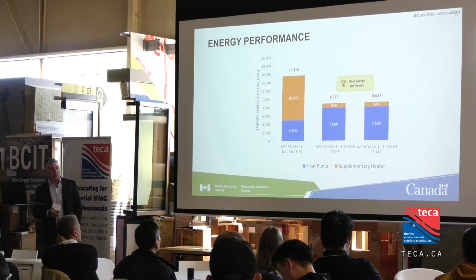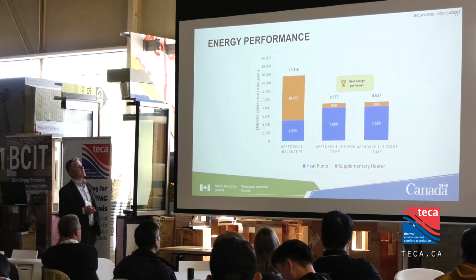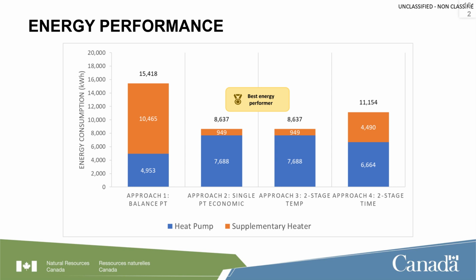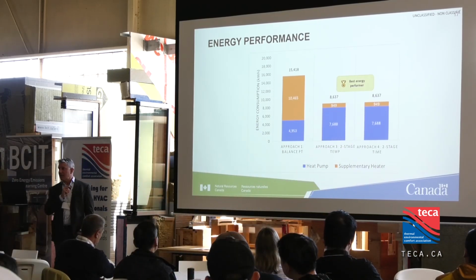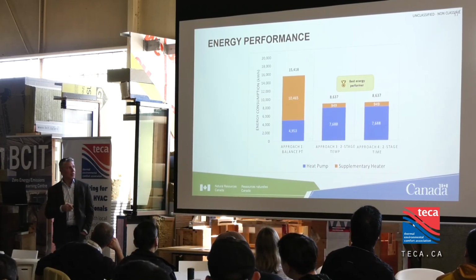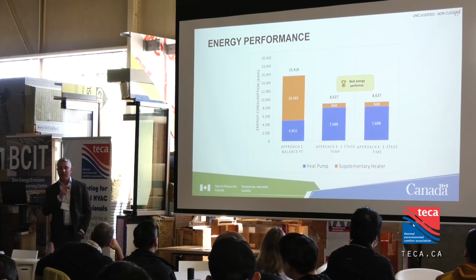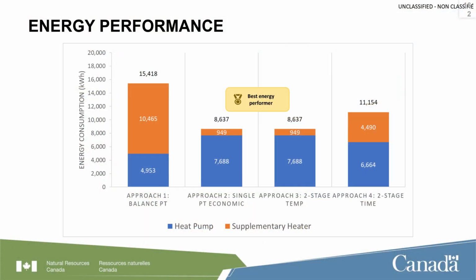When it comes to the energy performance, energy consumption, again, the same story there, no surprise. Approach 3 and 4 came in pretty well exactly the same and was much better than the approach number 1. And just to say that in this case here, when we went from Kamloops to Prince George, these graphs changed dramatically throughout.